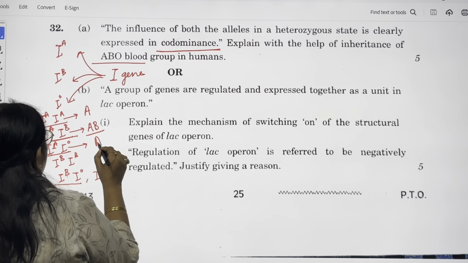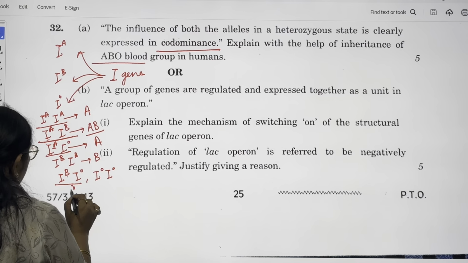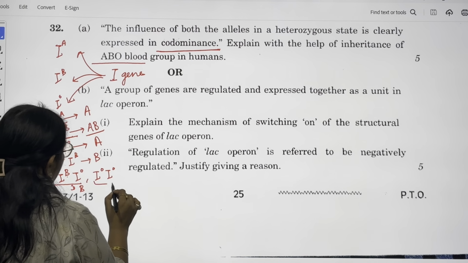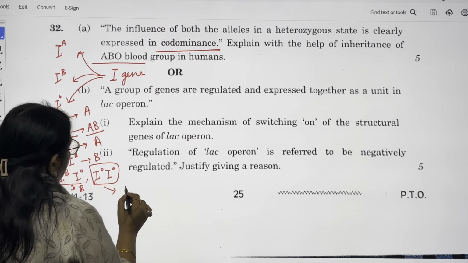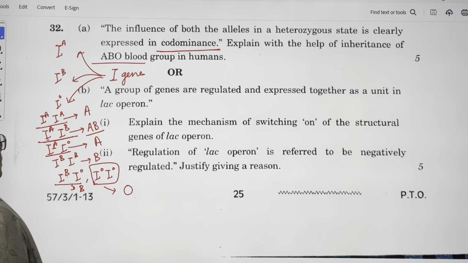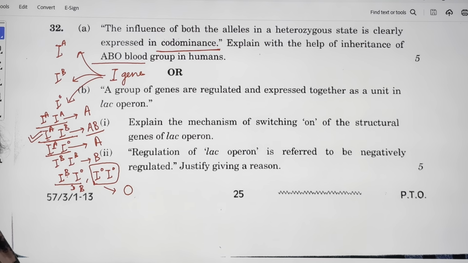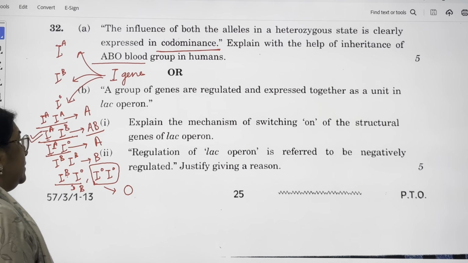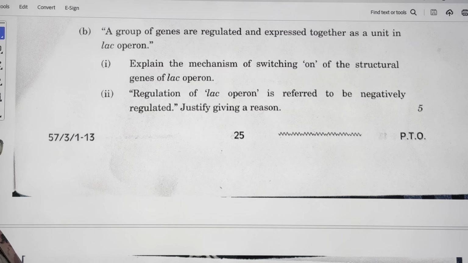Here A type, B type, here again B type, and this one is the recessive condition. Which blood group? O blood group. So the influence of both the alleles, you had to show this. When IA-IB condition is there, AB blood group appears. I hope I am clear.